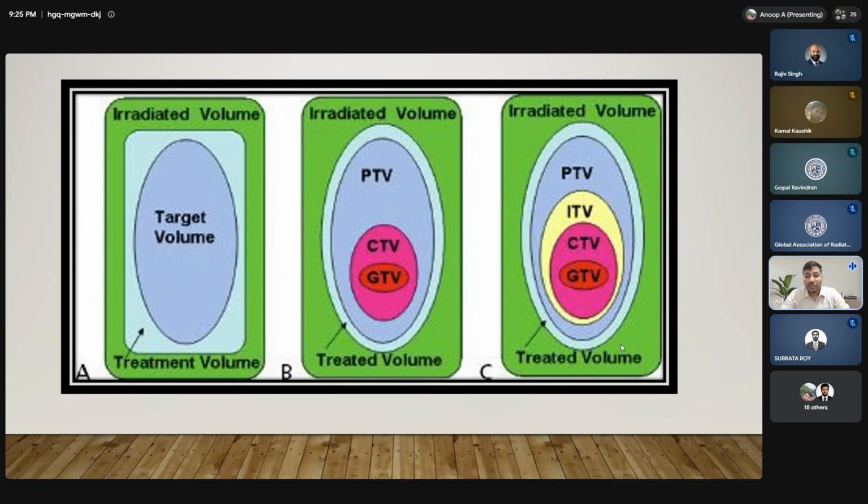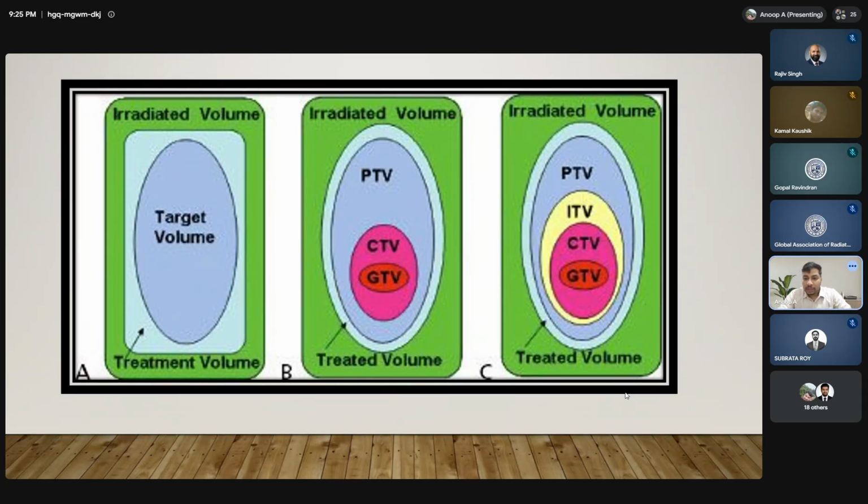Picture A shows a generic target volume enclosed directly inside the treatment volume, the light blue rectangle, and the irradiated volume, the outer green shade. Picture B shows the expansion from GTV, CTV, and PTV. Gross tumor volume, which you can see in red, is the actual visible or palpable tumor.